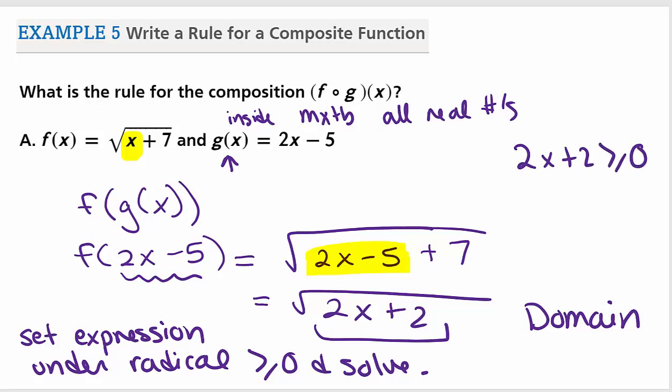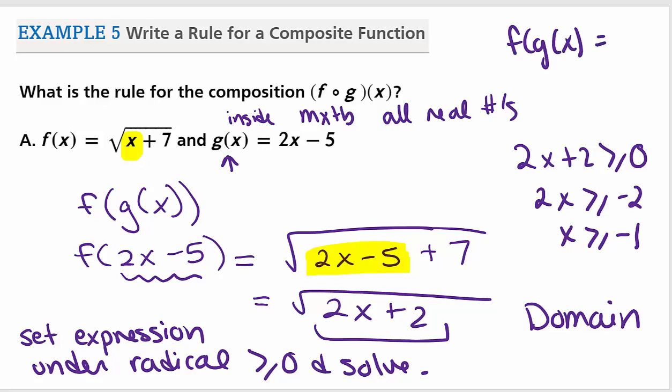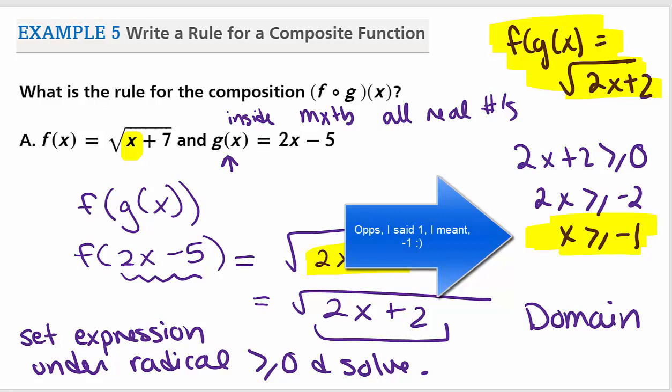So what we're saying is that that expression has to be 0 or a positive number, because you can't have a negative number underneath the radical. So the final solution is f of g of x is equal to the square root of 2x plus 2, and the domain is that x values have to be greater than or equal to 1.